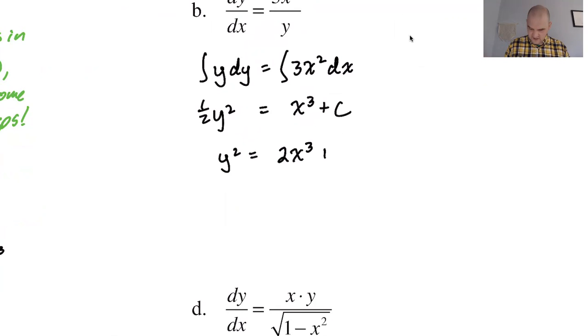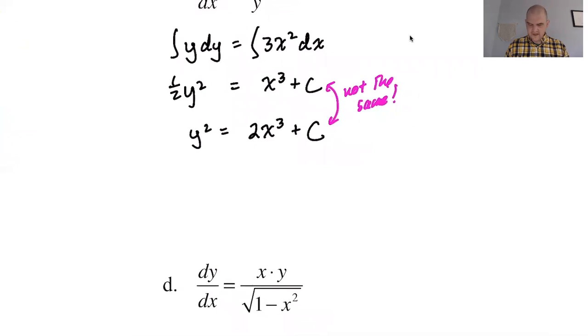So I'm just going to say plus c. These c's are not the same c, but it doesn't really matter because we're not going to solve until the end. In fact, the one in the second step is twice the one in the first step. Doesn't really make a difference for us.